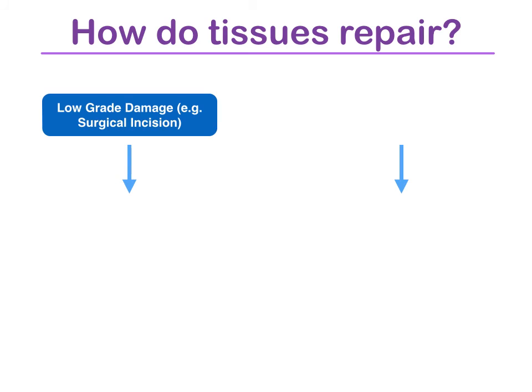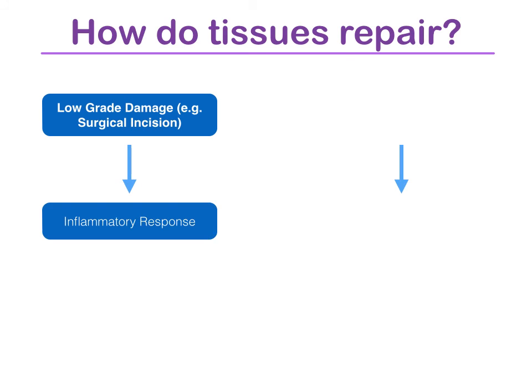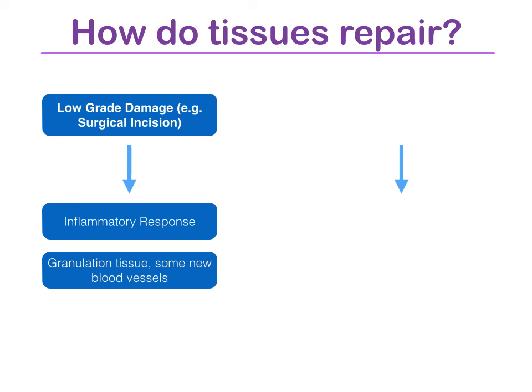So what happens in order for tissues to repair then? Well, if there's been relatively low-grade damage, so a nice clean cut, then you get the inflammatory response, and you get the formation of this fibrous granulation tissue. Now what granulation tissue is, is basically collagen that's being synthesized by fibroblasts. So the fibroblasts are spitting out lots of collagen in order to form a new scaffold for the new cells to form on eventually.